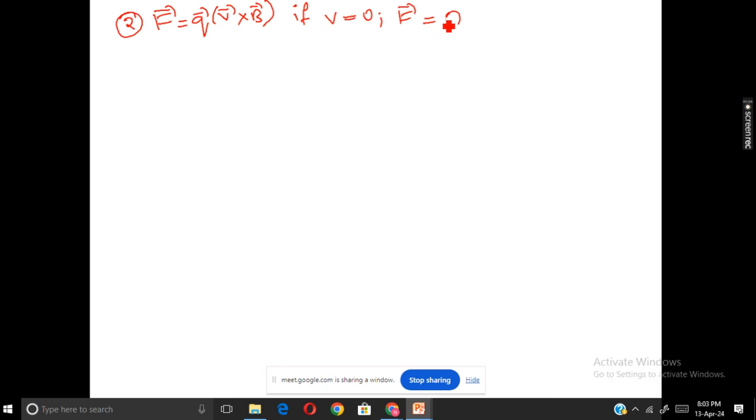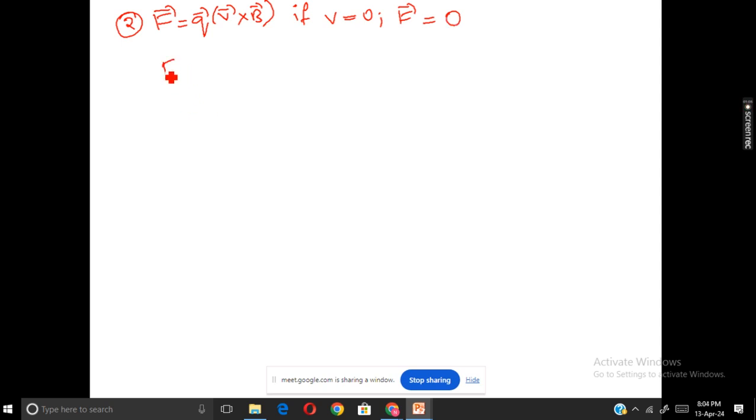The force exerted by magnetic field is basically q into v cross B. If v is equal to 0, it means F is equal to 0. So the first one is correct. Magnetic field exerts force only on a moving charge. The second statement was electric field exerts force only on stationary charge.